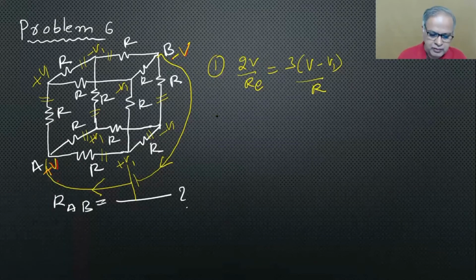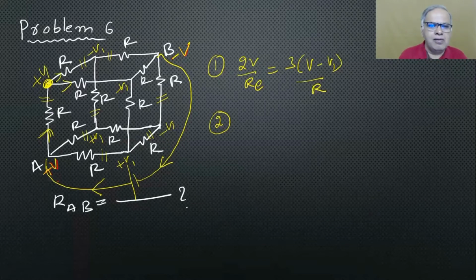So, second equation, where will you write? Somewhere else. For example, here I will write. Can you see this, whatever I marked here? Current goes like this, from here divides into these two.